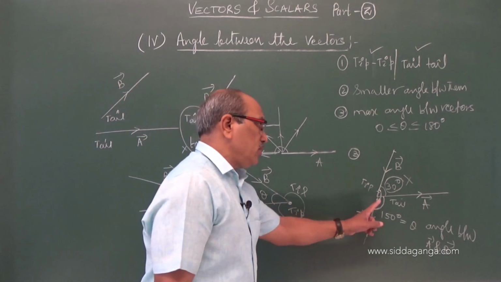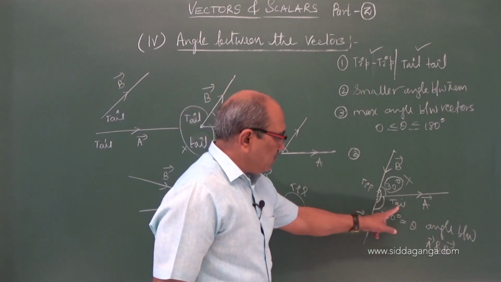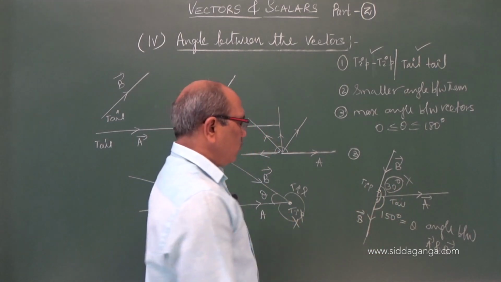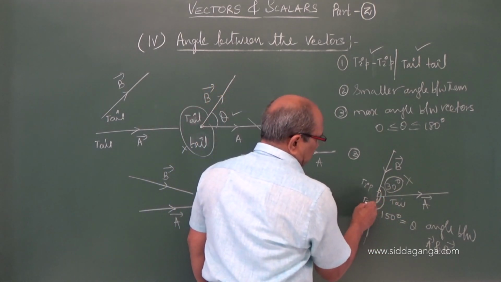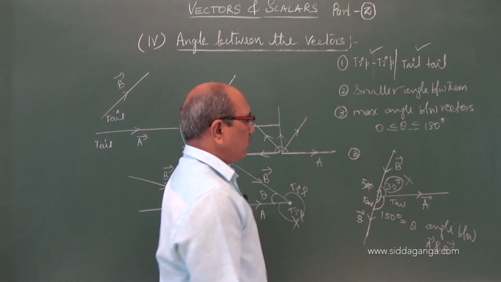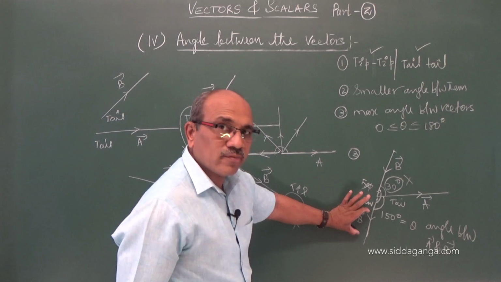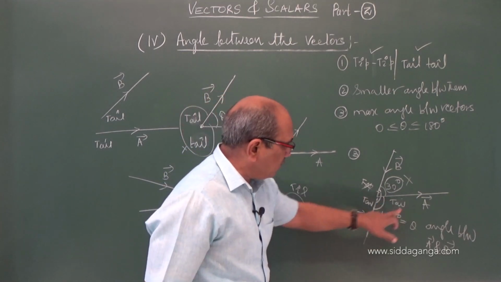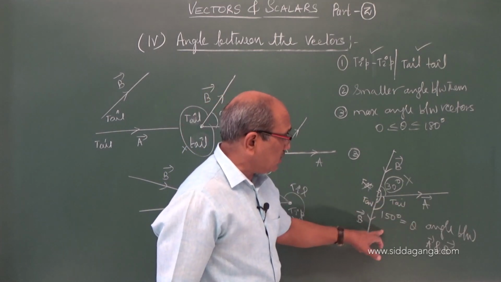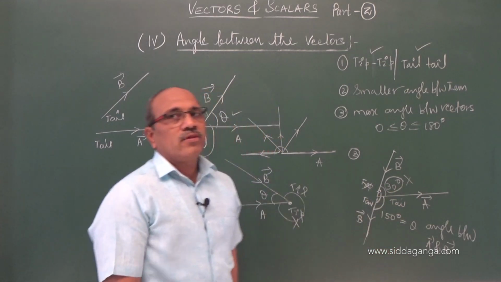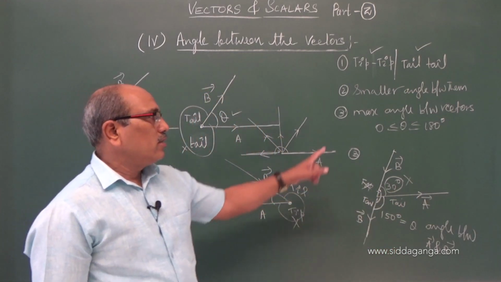So have you understood here? Tip cannot be joined with the tail. We made both tail. This is also the tail of that. Remove this vector. I slide it down to this position and showed you the angle between the two vectors is not 30, the actual angle is 150 degree. That is what I told.